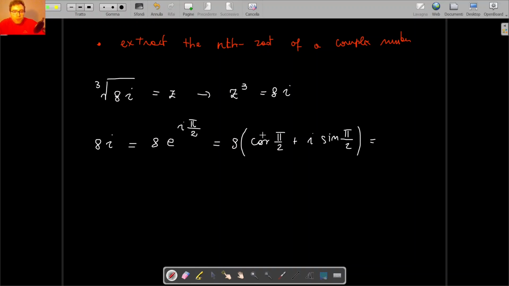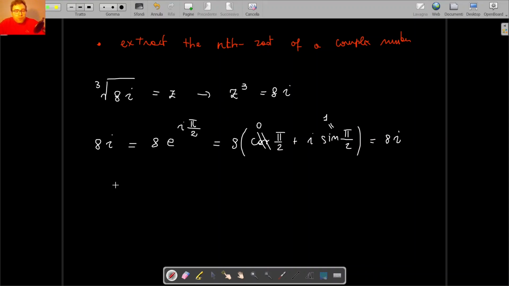The cosine of pi over 2 is obviously 0, and we remain with the sine of pi over 2, which is equal to 1. So we have 8i, which is the number we started from. So this is its representation.